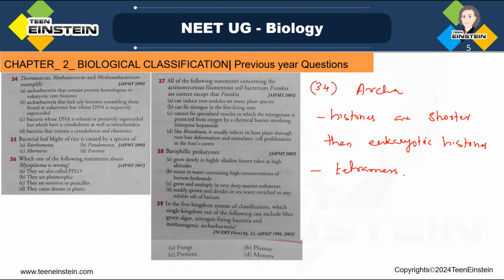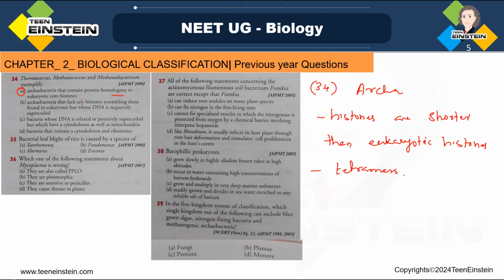Option A. Archaebacteria that contain protein homologous to eukaryotic core histones. It is homologous to eukaryotic core histone. So the right answer is option A.